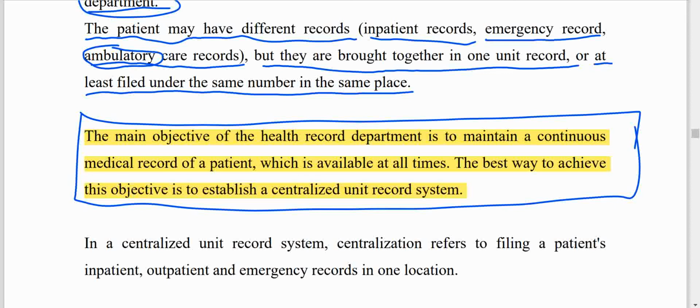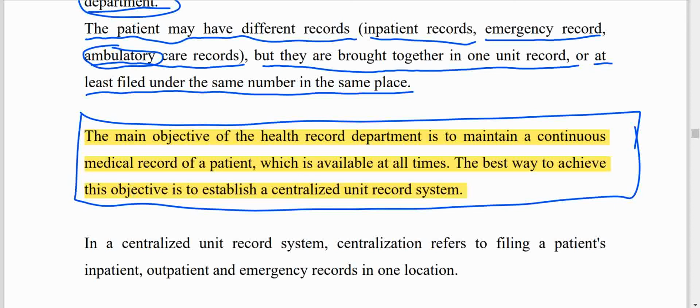The only way you can make this possible is to use a filing system called the centralized unit record system, so that it will be very easy for you to locate your records. It will as well be very easy for you to access your records in one place.